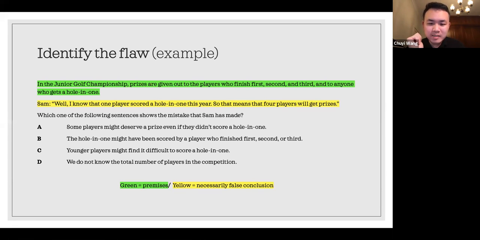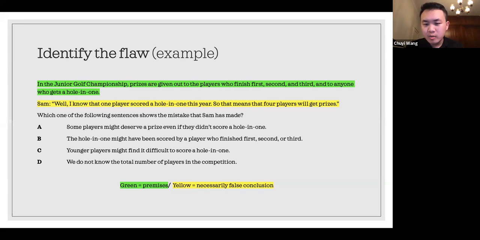But clearly he's made a mistake, because one of those 3 players who already got a prize, first, second, or third, might also have been the one who scored the hole in 1. So that's the assumption he's made. He hasn't asked himself whether the same player who's already gotten a prize for finishing on the podium also got a hole in 1.